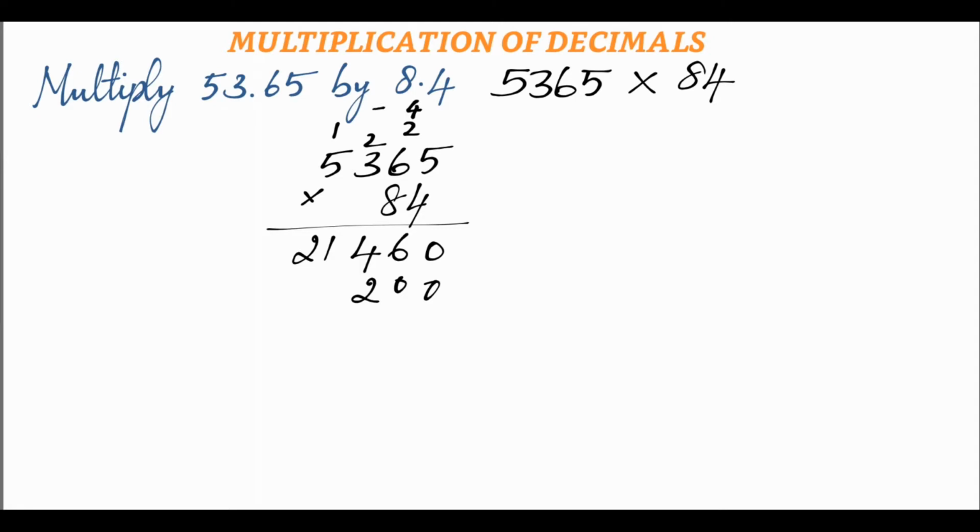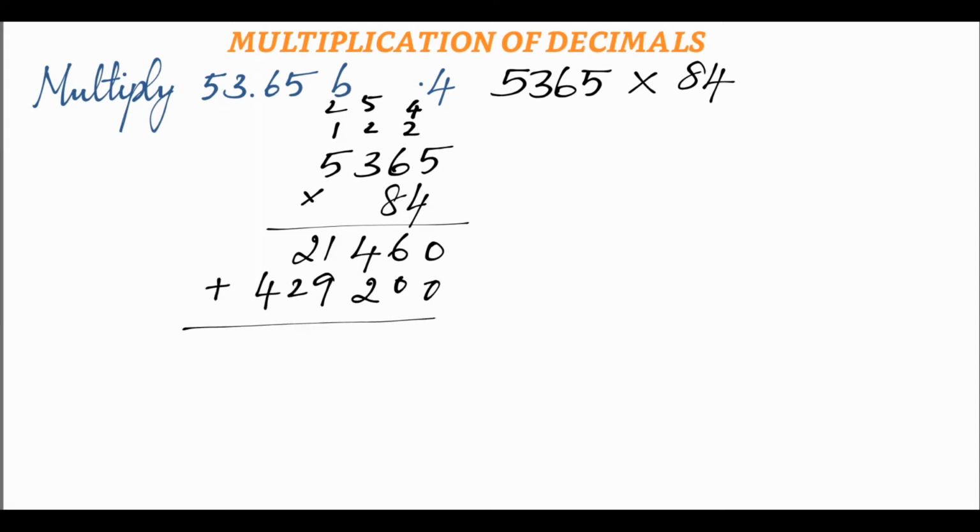So 52 carry. Sorry, 8 3s are 24, 25, 26, 27, 28, 29. 29 and 2 will be carried. 8 5s are 40 and it becomes 42.